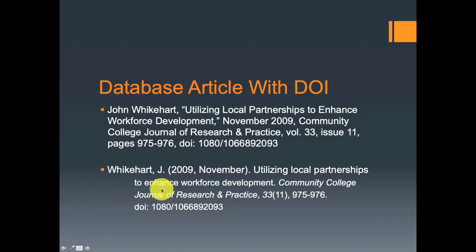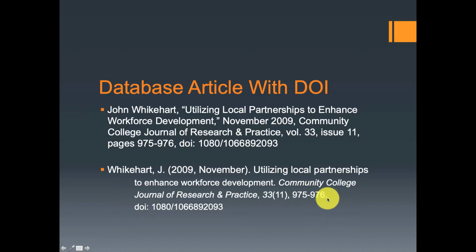So Community College Journal of Research and Practice. This is all the name of the journal. Then we have a comma because we're not finished with the journal. Volume 33, no space, issue 11, comma, and then the page numbers.